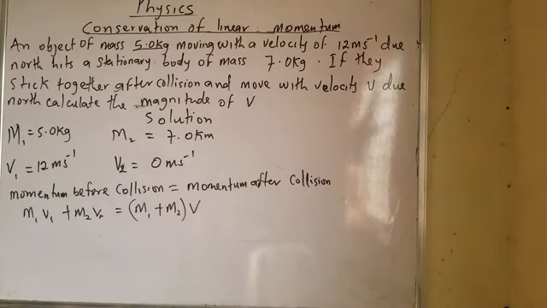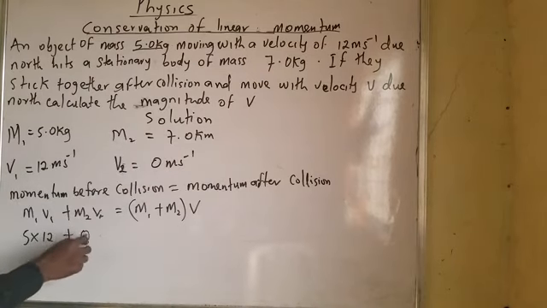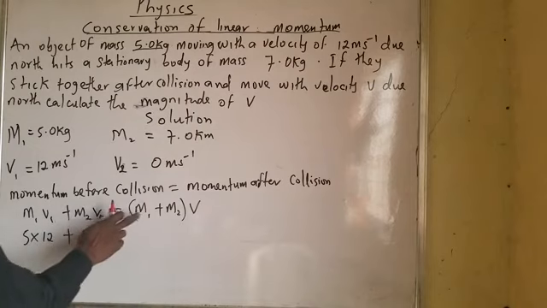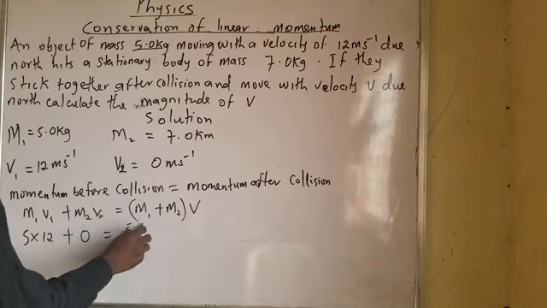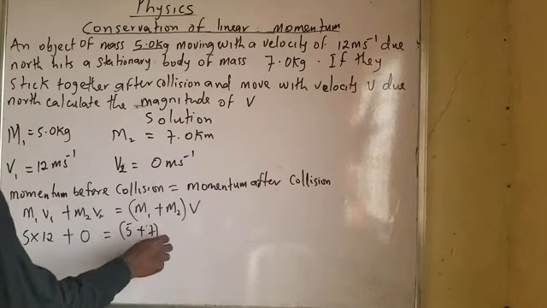Now, I have M1 as 5 multiplied by 12, plus this one automatically becomes 0 because 7 times 0 is 0. This equals M1, which is 5, plus M2, which is 7, in bracket times V, which I don't know.